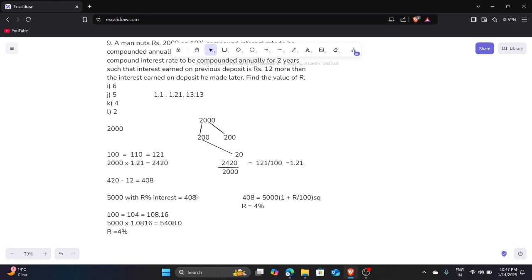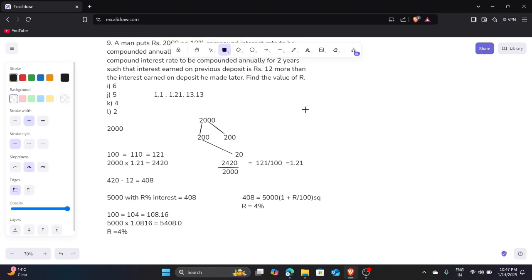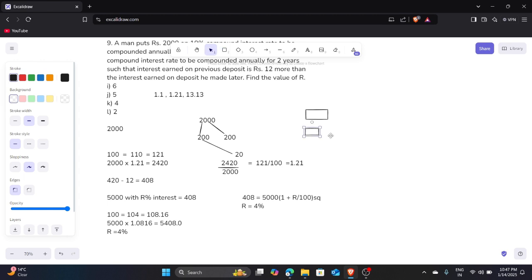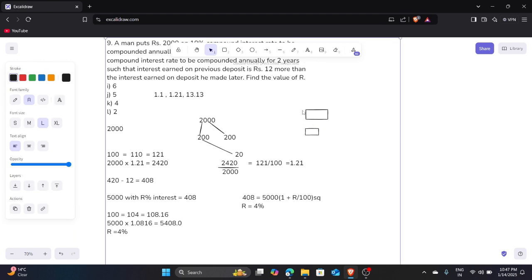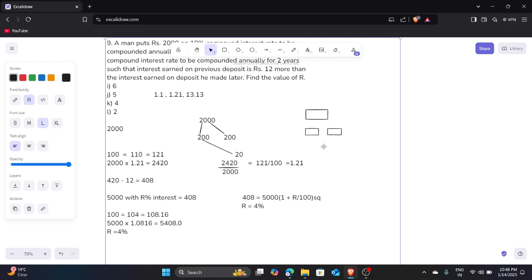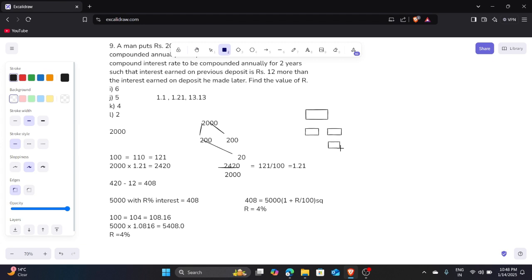Suppose this money can also be done in this format. Suppose this is the one box, and here you always get this formula for 2 years.